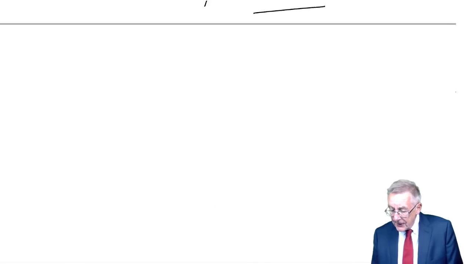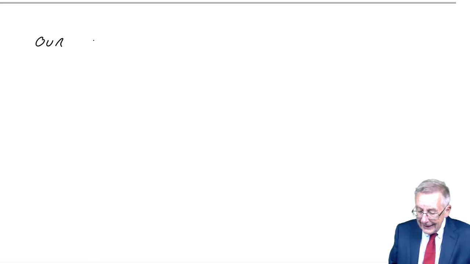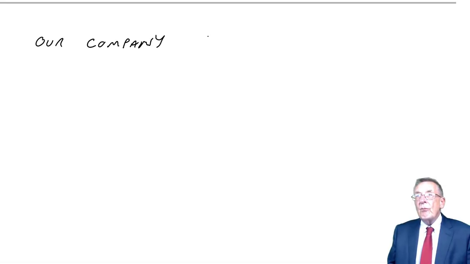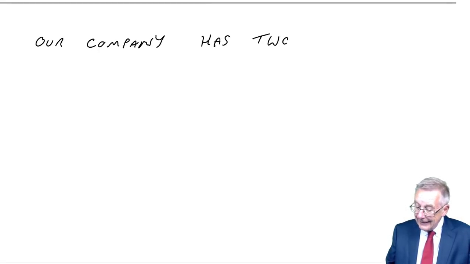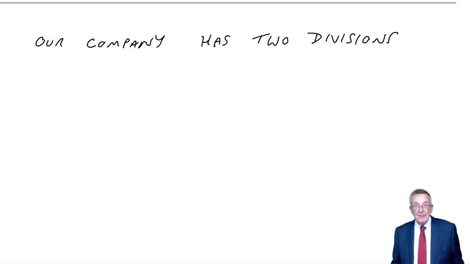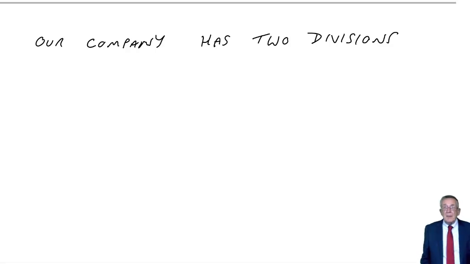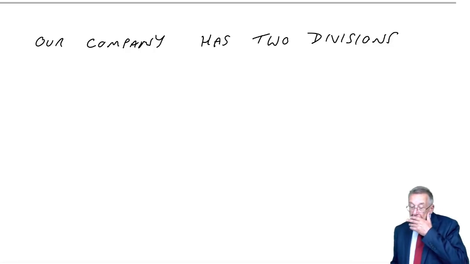Suppose I told you this, a little puzzle for you. Our company has 2 divisions doing different things. One part of the company builds cars, the other part of the company makes desks. You know, 2 completely different parts to the company.